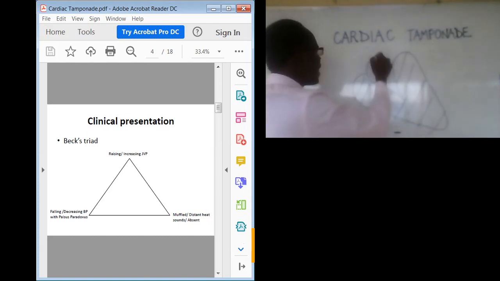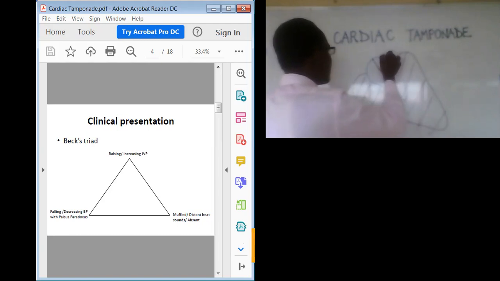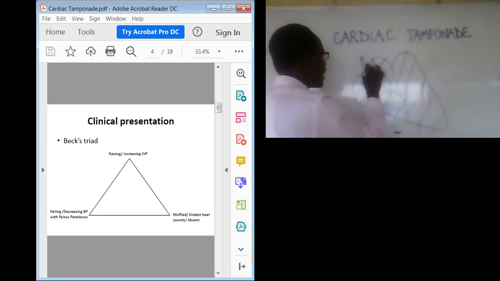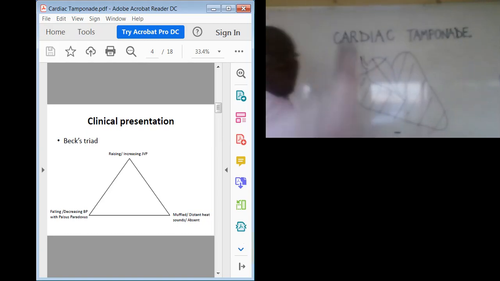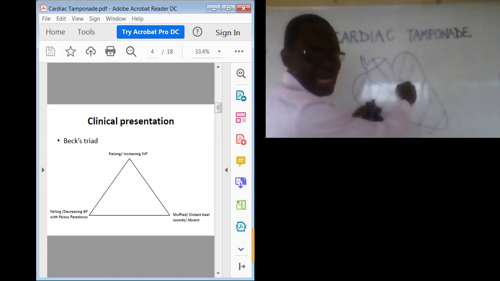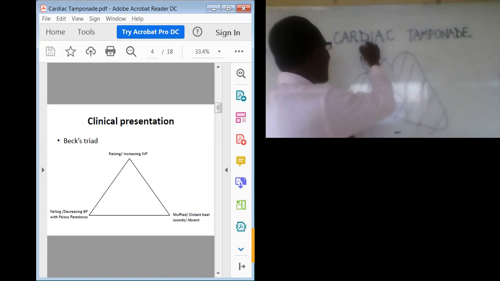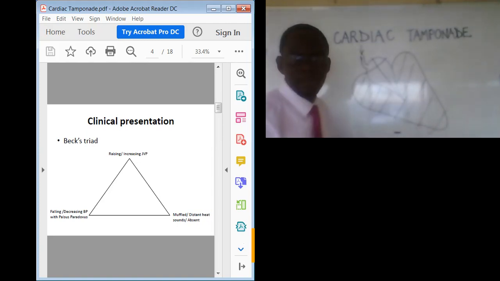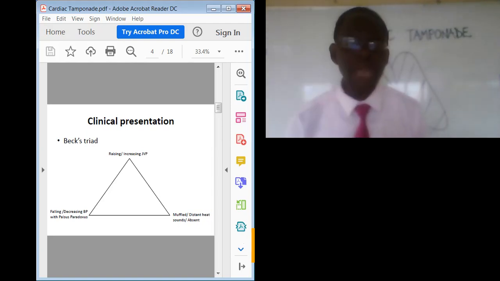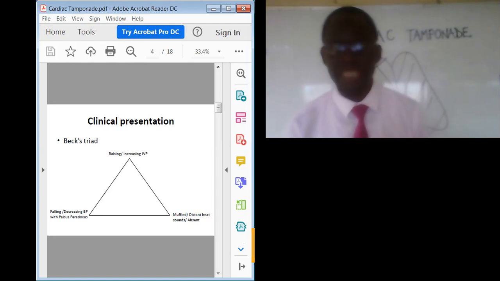And remember, the atria are supposed to be bringing back blood from up there. As a result, because of too much pressure here, blood will not be able to come back to the heart, and it will engorge, or accumulate, in the jugular veins. That is why we have jugular venous pressure increasing, yeah?